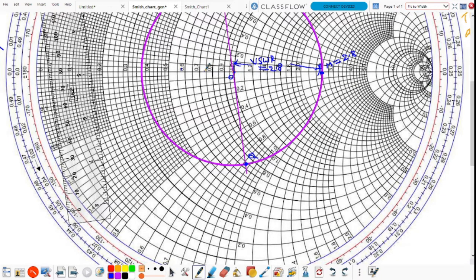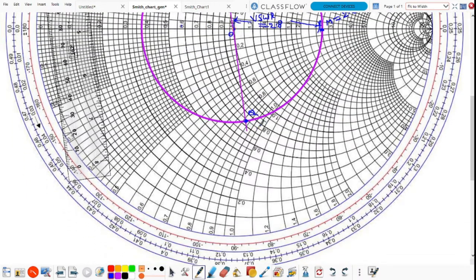And this point Q is below the horizontal axis, so it has negative reactance values, and between 0.8 and 0.9, so approximately 0.85.